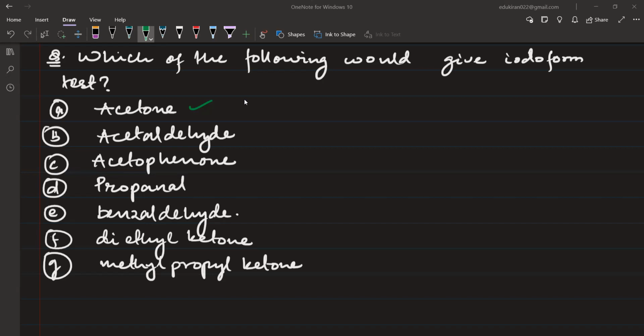Can you make the structure of acetaldehyde? Yes. Can you send the photo? Make the structure and send the photo on WhatsApp. Hanifa and Nawal, you can answer me like this: A, yes; B, yes or no; C, yes or no; D, yes or no, in the chat. Rifat, send me the photo of acetaldehyde.